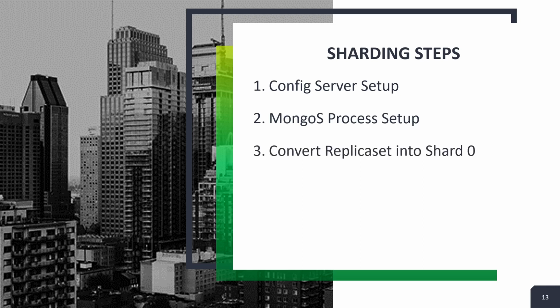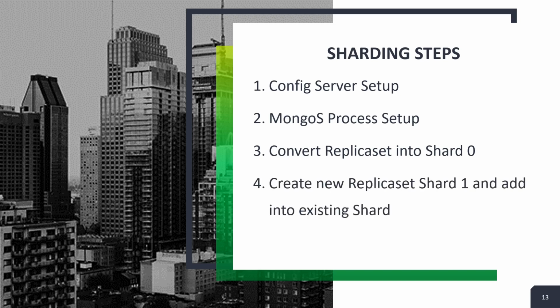Then we are going to convert our existing replica set into a sharded cluster, which is shard 0. And then we are going to create a new replica set as shard 1, and add that shard to the existing cluster. Then we will enable sharding at the database and collection level. We will split the records and see how the data is distributed.